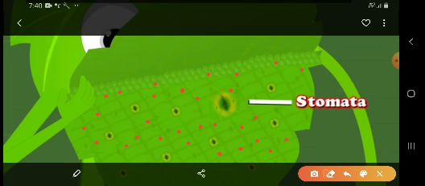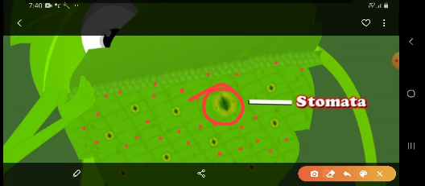Children, this one is the enlarged microscopic picture of stomata. These stomata help the plant in the exchange of gases. What are these gases? These are carbon dioxide and oxygen. As we know children, plants take carbon dioxide from their surroundings and give out oxygen.